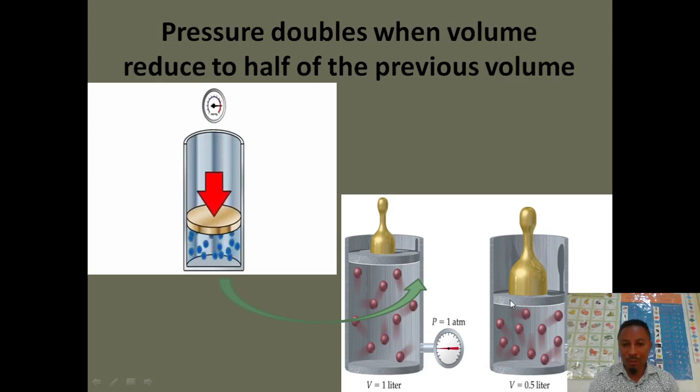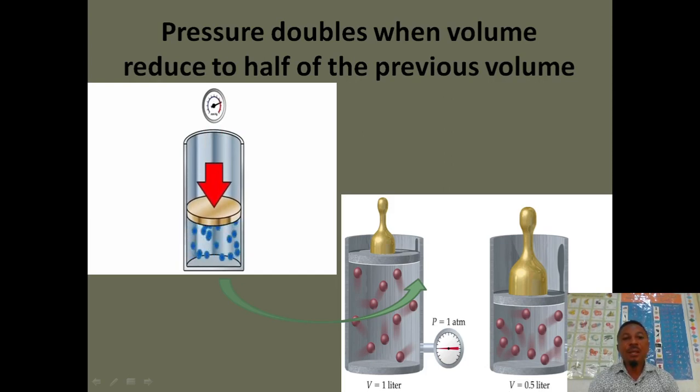Now look at this. The second picture here will show you how much. So here in this case we have the volume as 1 liter, the pressure is 1 atmosphere. But when you decrease the volume to half of what it used to be, that is 0.5 liter, you can see that the pressure here is doubled.